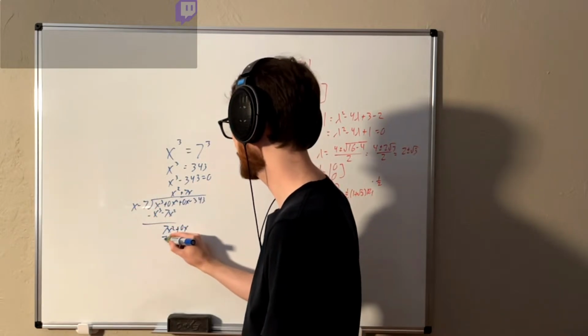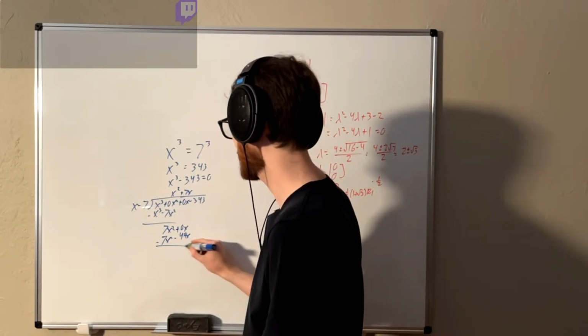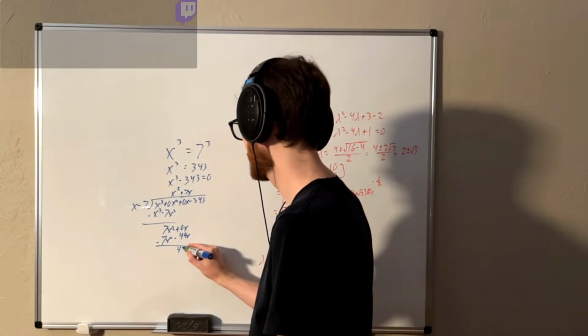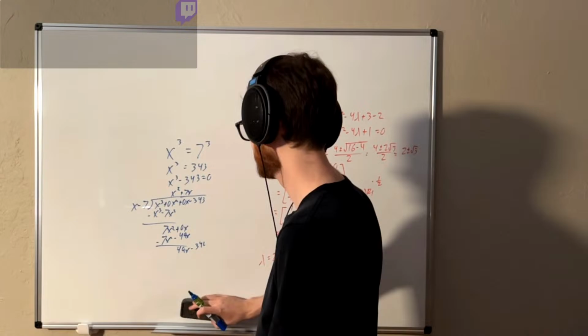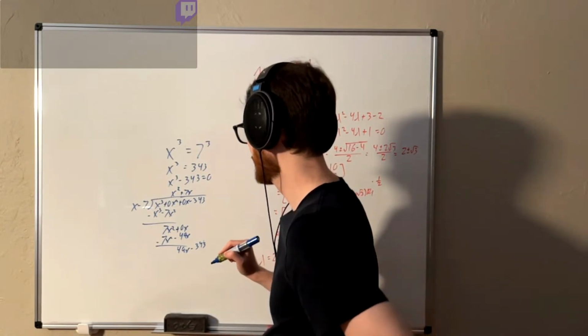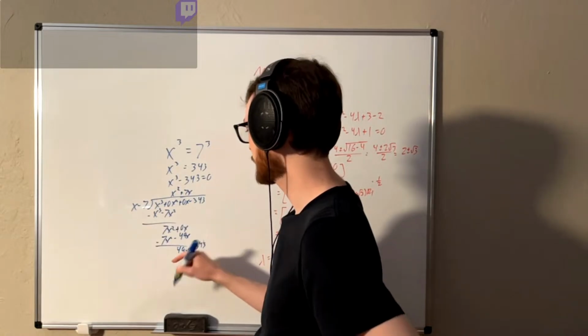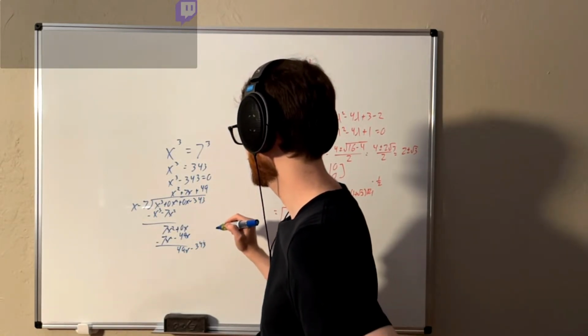So 7x squared minus 49x. Subtract them. You get 49x minus 343. Now we need to make x match 49x, so we're going to do plus 49.